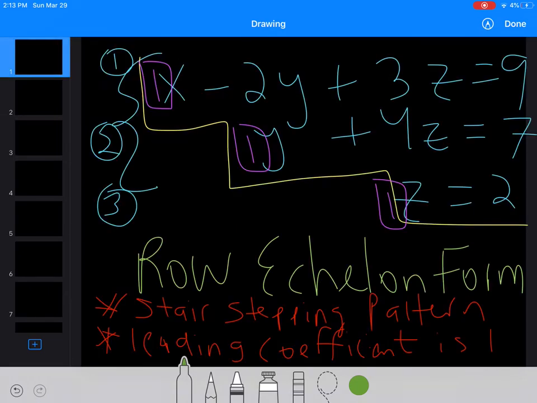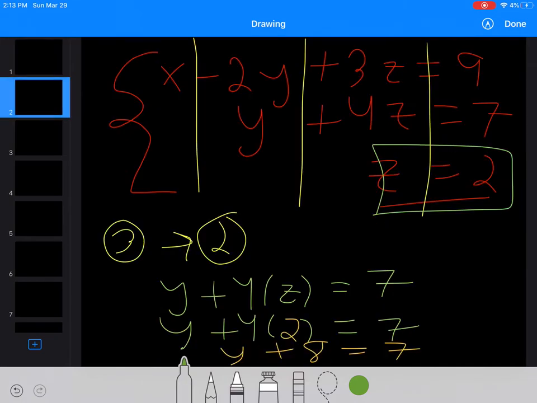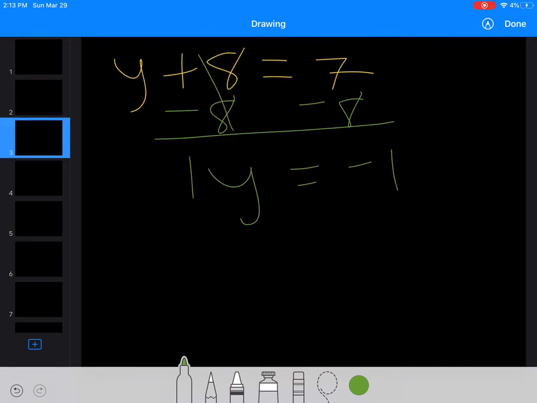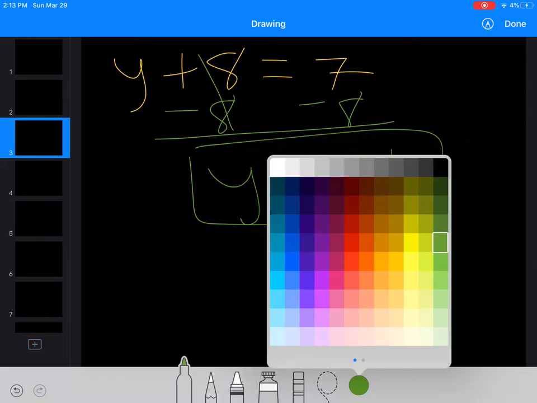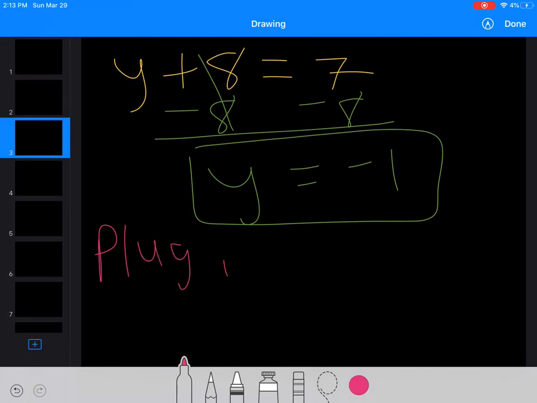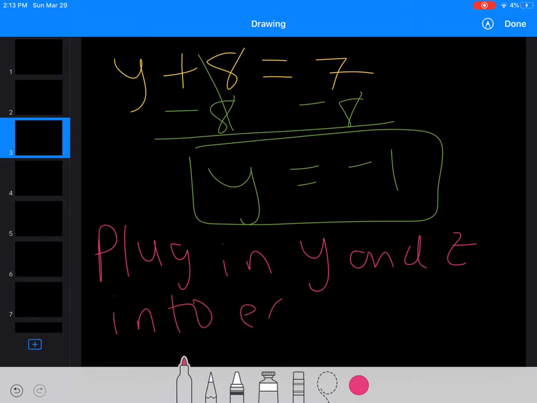So we have 2 variables now. We have our initial variable, z equals 2. We have our y variable, which is negative 1. And so now we just need to plug in y and z into equation 1.